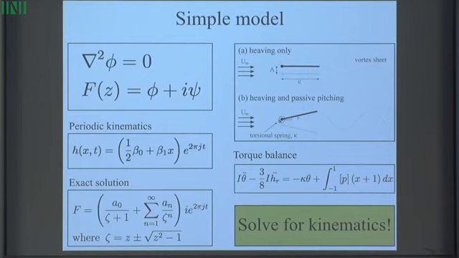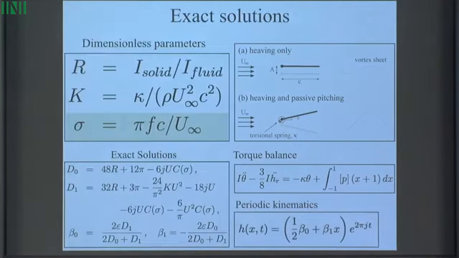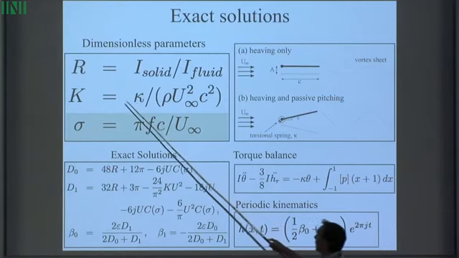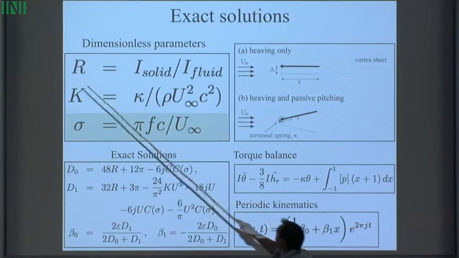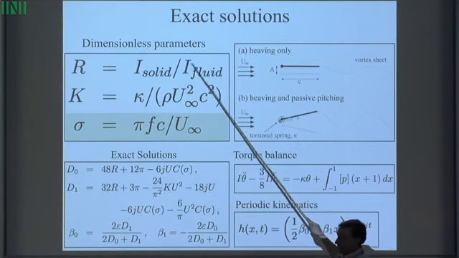Okay, so I could use this formula right here to solve for the emergent pitching motion of the wing. And that's what I'll do here. So just rearrange some things. I've got to tell you about a few dimensionless parameters that'll come up. Big R, that's the ratio of the solid to the fluid inertia.